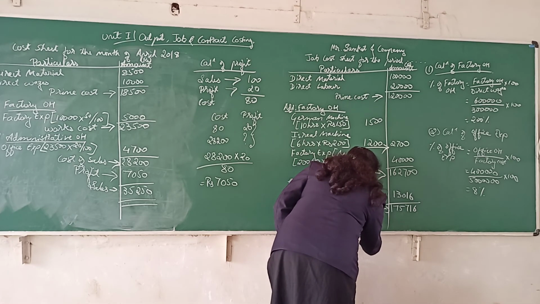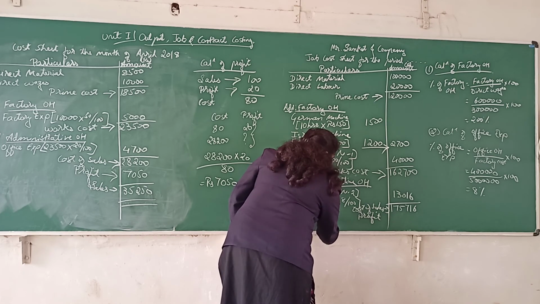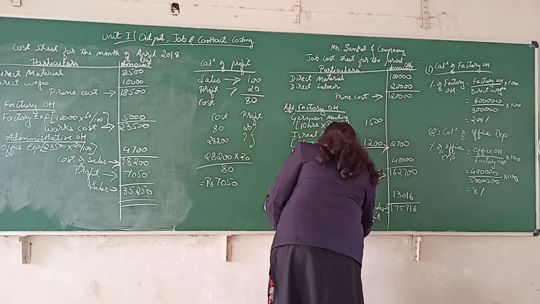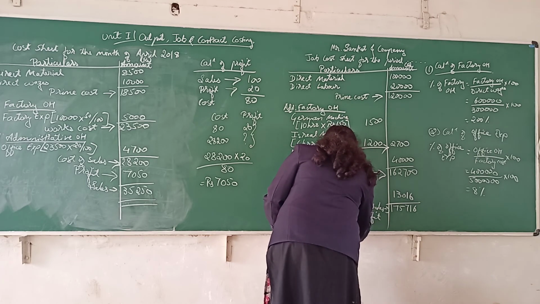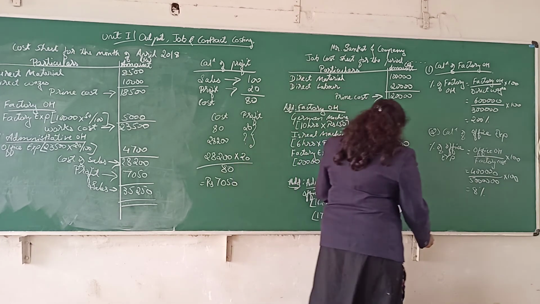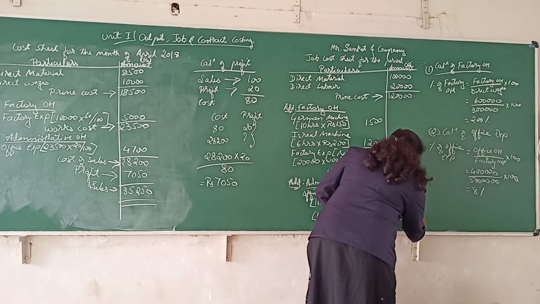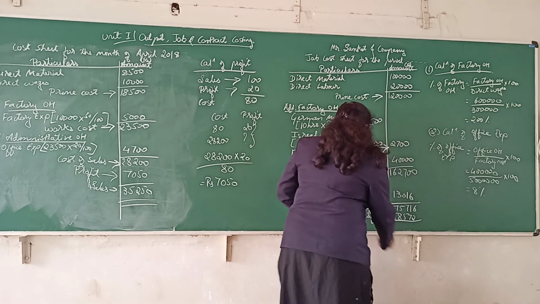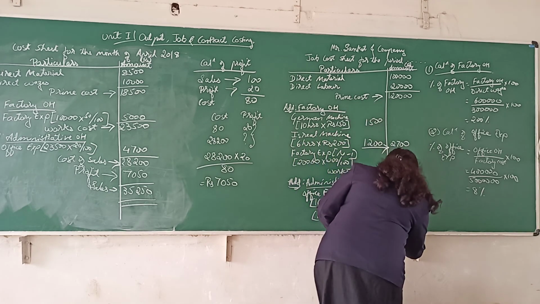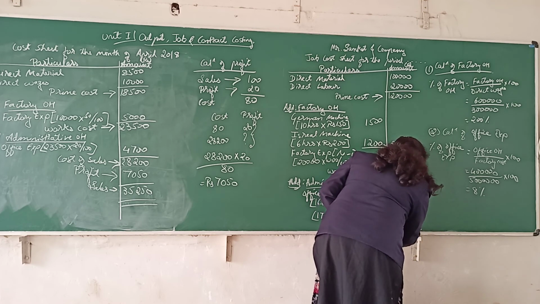So profit is 1,75,716 into 100 divided by 300, which will give you profit of 58,572. Now make total, then you will get the sales amount, that is 2,34,288 is sales.